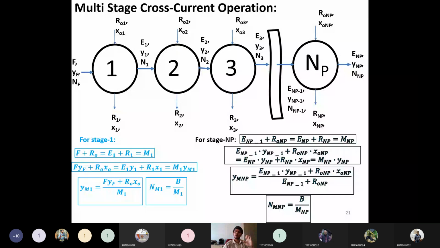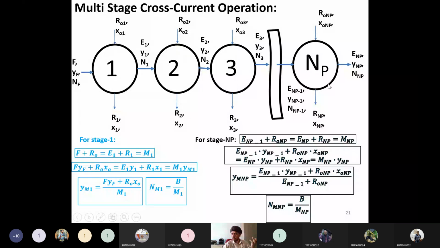Cross current operation is very simple. Compared to the counter current operation, cross current operation is a very easy approach. Why? Because only one stream is going to add to the next stage. So stage 2 is dependent on the output of the first stage. But in counter current, what happens? Both raffinate and extract streams are going to affect every single stage.